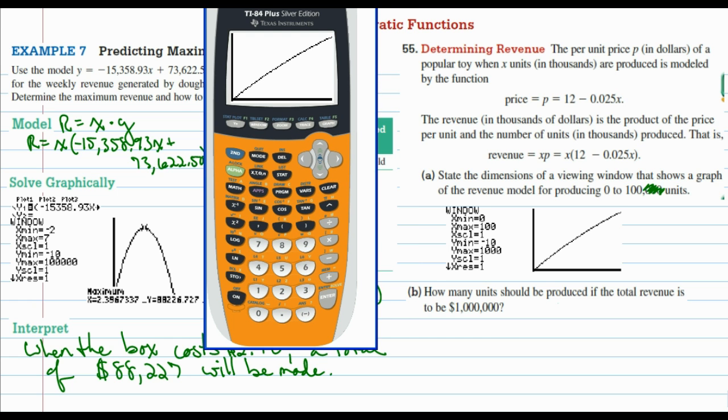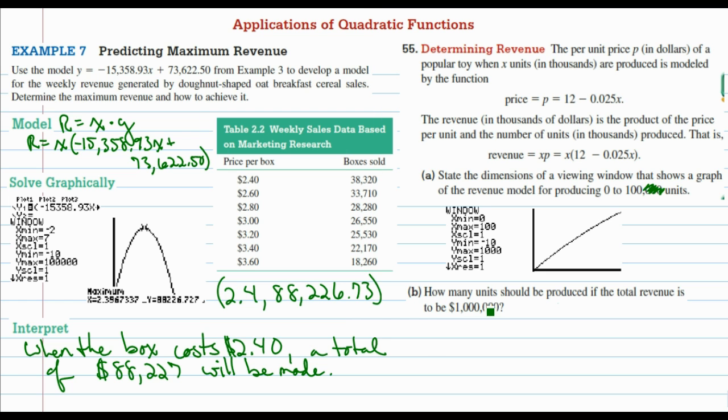Part B asks, how many units should be produced if the total revenue is to be $1 million? Well, I'm not going to put 1 million into my y maximum because this problem made things more complicated than they should be. It says revenue in thousands of dollars, again in thousands. So I'm going to cross off 3 zeros.